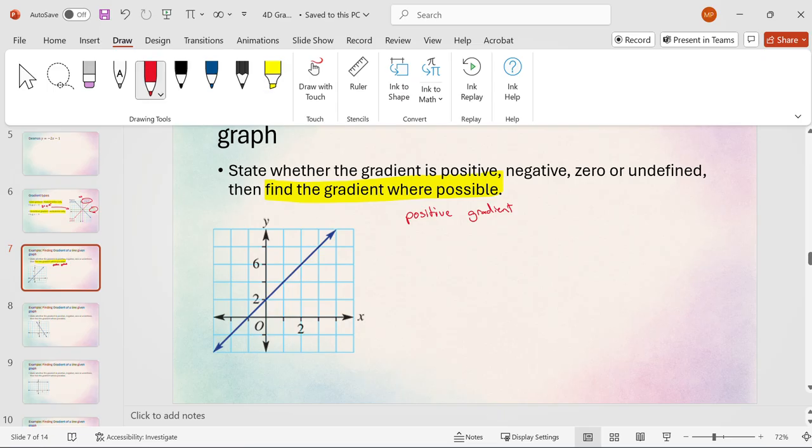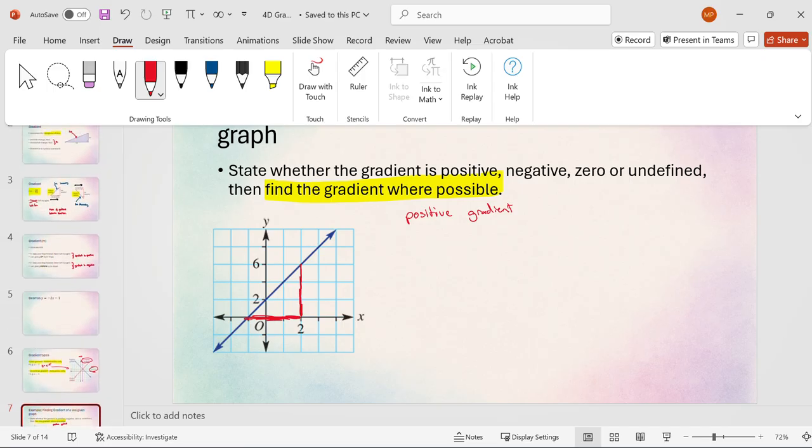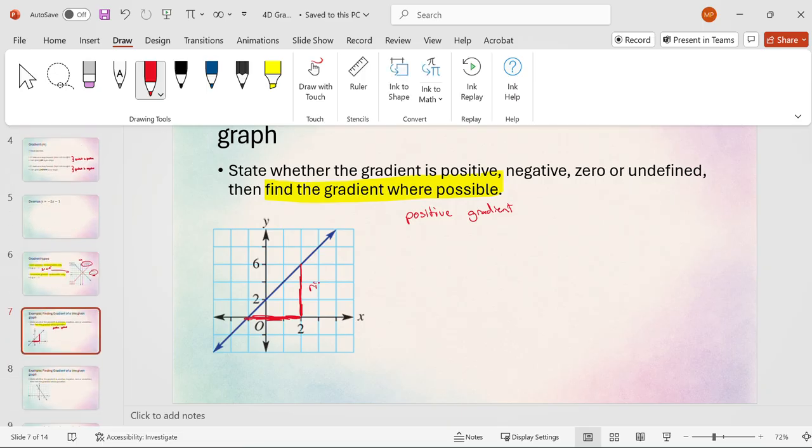Now, all I'm going to do is make myself a right angle triangle. I'm going to use my red pen to differentiate because I don't want people getting confused. So I'll just decide to make a triangle like that. Now, you're going to ask yourself, what's my rise?